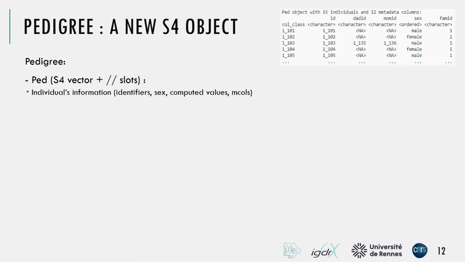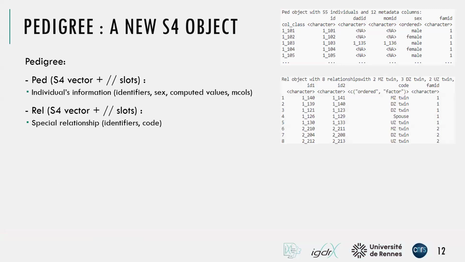The new S4 object for pedigrees is organized as follows. The main class, called Ped, stores the individual information as an S4 object with parallel slots. The Rel class, on the other hand, contains the special relationships that cannot be easily stored in the Ped class, such as twins or spouses with no children.